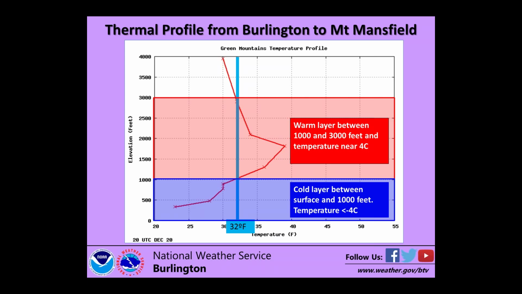And then about 1,000 feet above the surface, we started to see the temperature drop below freezing, and very, very cold, to -4 Celsius, or about 22, 23 degrees Fahrenheit at the surface. So again, you start off cold, then you have that deep, intense warm layer, and then a relatively shallow but very cold bottom layer near the surface.